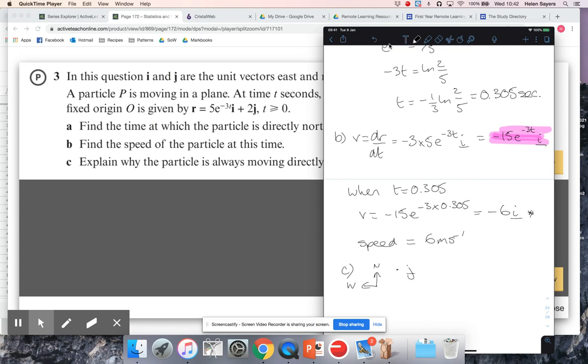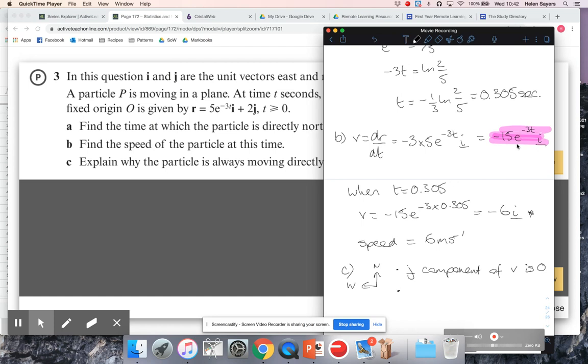One is the j component of the velocity is 0. That tells me it's never moving north or south, so it's always moving perfectly horizontally. Now, how do I know it's always west? How do I know it's never going to be going off to the right?